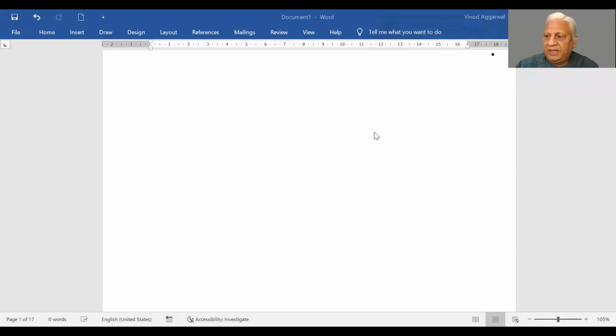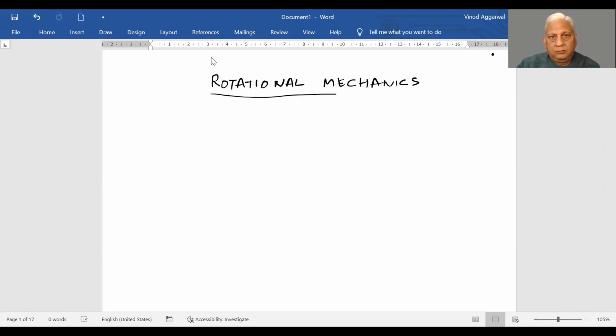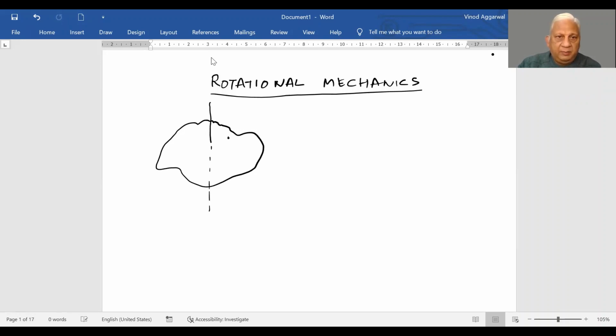Today's topic is rotational mechanics. Now let's take a body, any body, and let's fix some axis, and let there be a particle P which goes around this axis in a circular path.